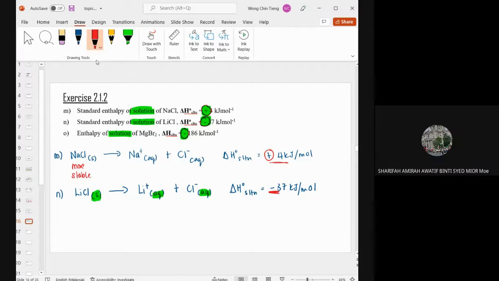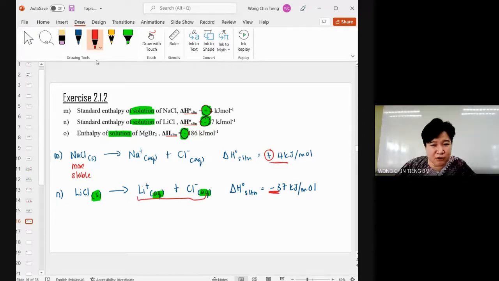Solution. Lagi stabil. Yang ni more stable. Nampak? Faham tak kenapa saya tanya positif negatif tu? Okay, so that you know which one is actually more stable, which one will actually be easier to be formed.